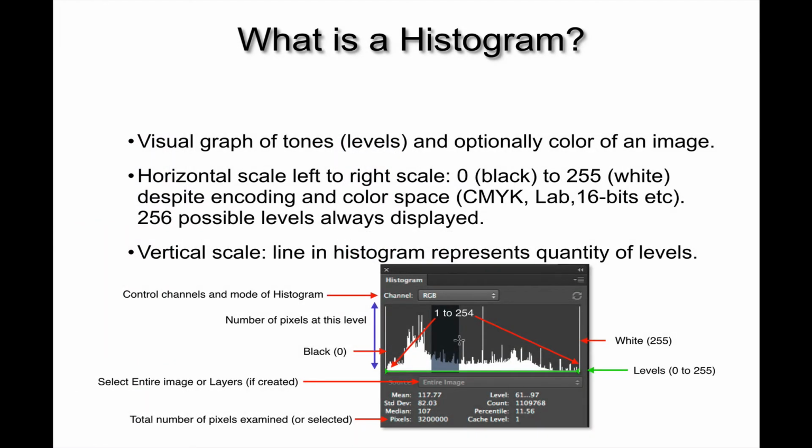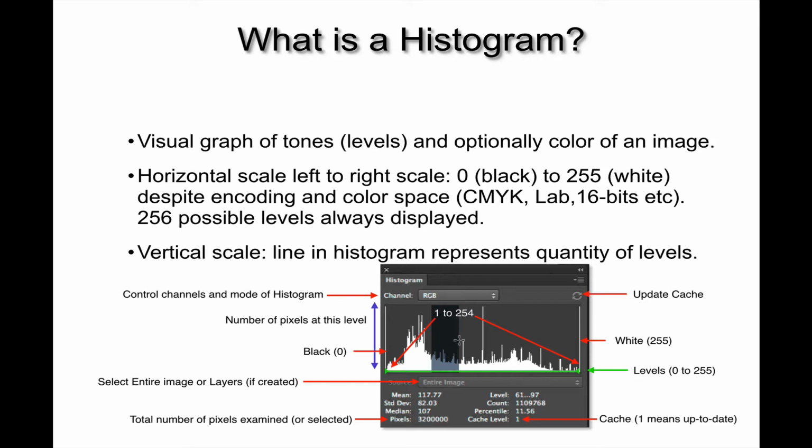In addition, you can click and drag in Photoshop over a group of levels, and that's what you're seeing right here in this particular screen capture. So at this point, we're seeing a selection. This is actually levels 61 through 97 as outlined, and the information down below is showing us how many pixels total are being represented in that selection, and so forth. And I'll show you this in Photoshop in more detail.